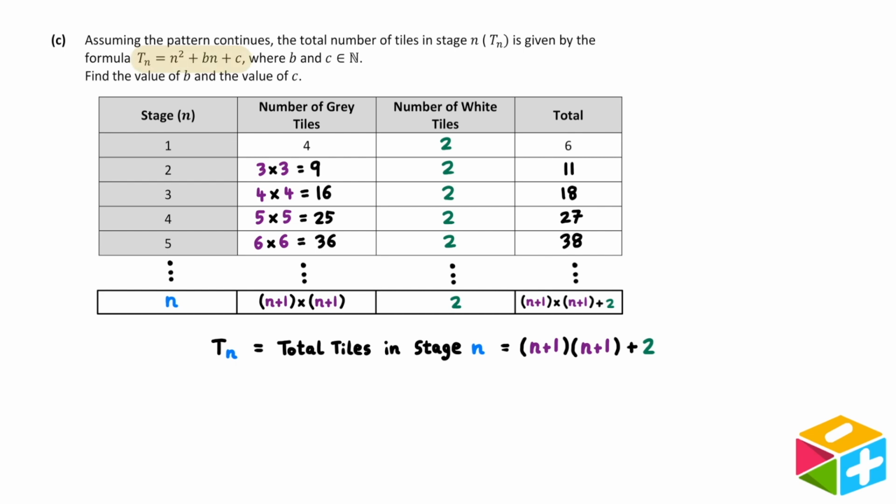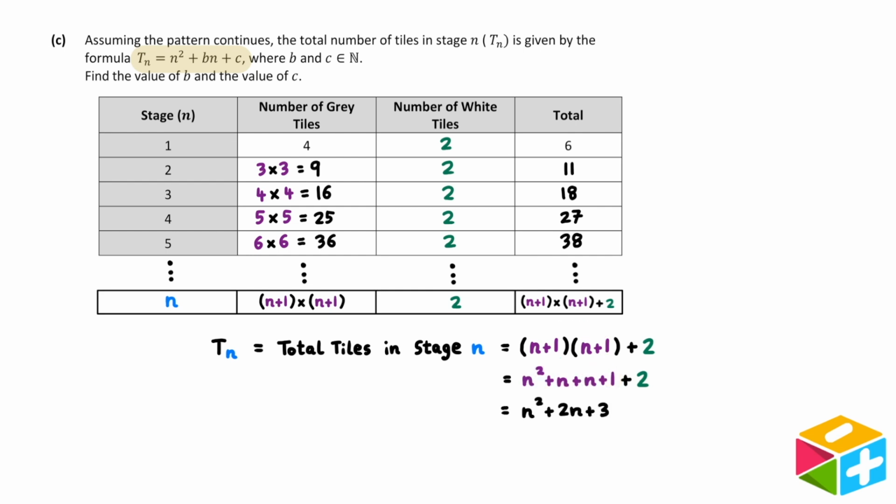We want our answer in the form n squared plus bn plus c, so here we should expand out our brackets. n times n is n squared, n times 1 is n, 1 times n is n, and 1 times 1 is 1.